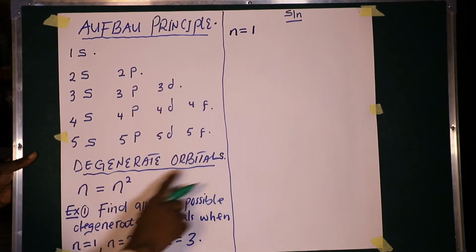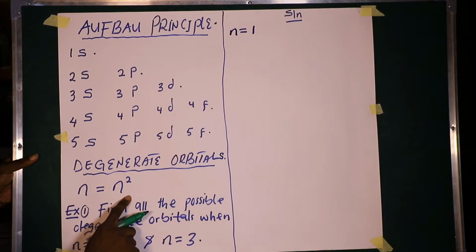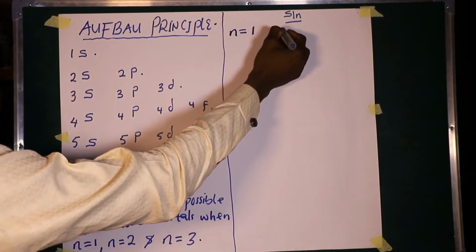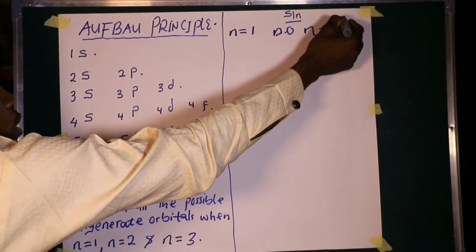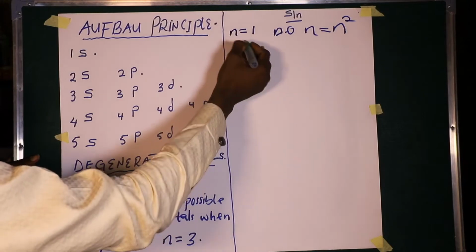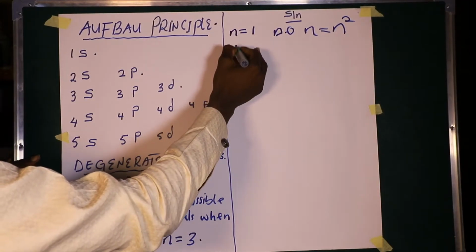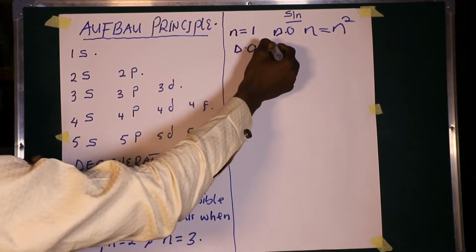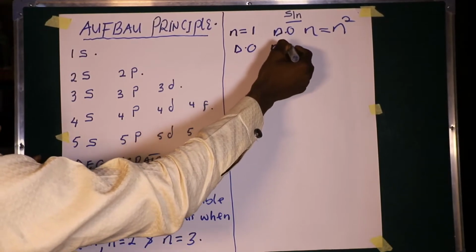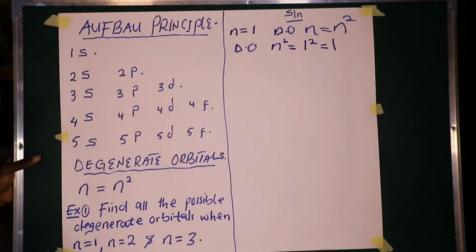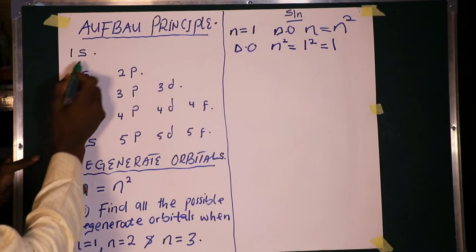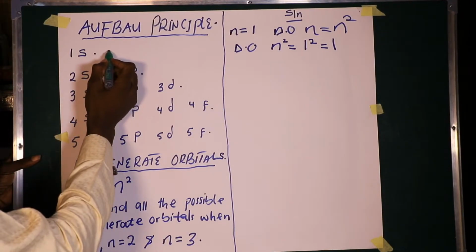So in the Aufbau principle, n is equal to 1. But in degenerate orbitals, the number of orbitals is always n squared. That is the formula of degenerate orbitals. So n squared is 1 squared. That means we are going to obtain 1 orbital when we come to the Aufbau principle.